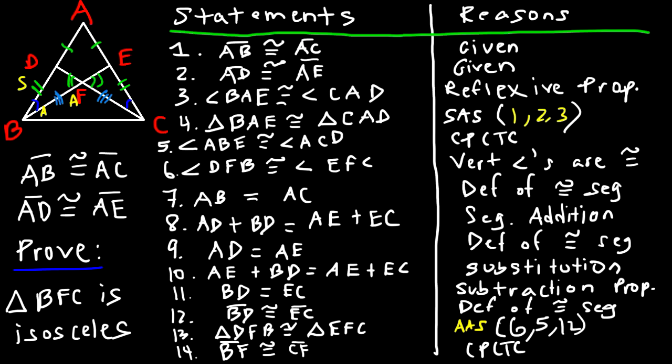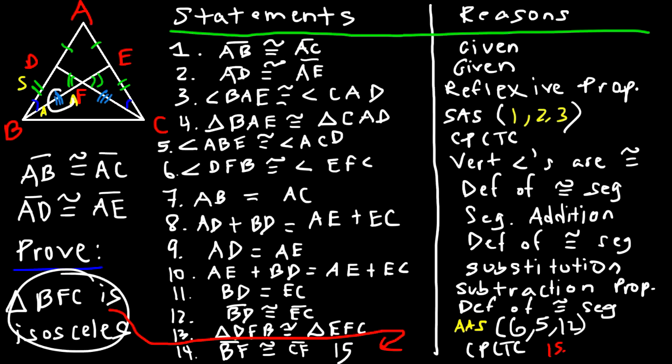So now, for the final thing, I can make the statement that triangle BFC is isosceles. So I'm just going to put an arrow because I'm out of space. So this part needs to go here. I'm going to put 15. And the reason for that is if two sides of a triangle are the same, then the triangle is isosceles. So I'm just going to write definition of an isosceles triangle. And so that's it.